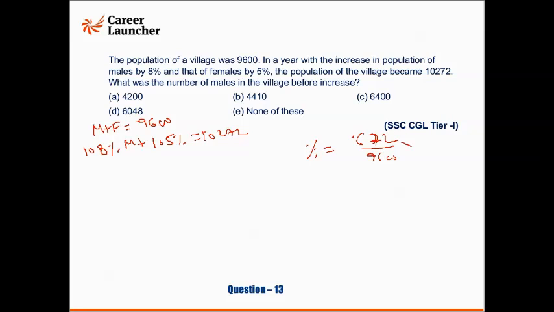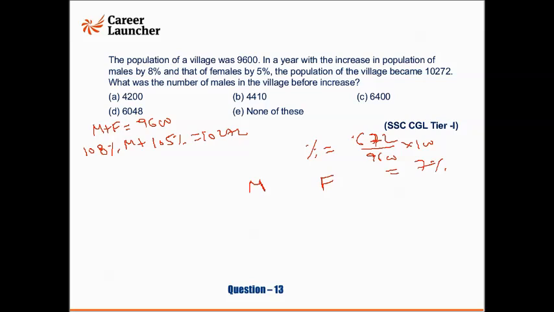So you will get 7%. So 7% is the net increase in the population, right? So I'm just telling you a method which you can apply, and that is going to save your time.